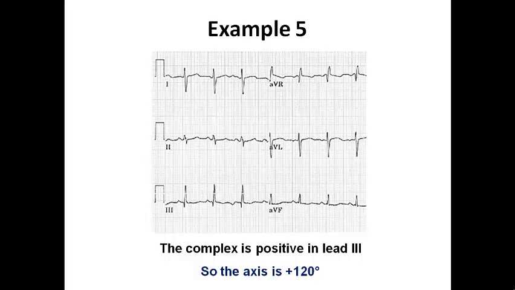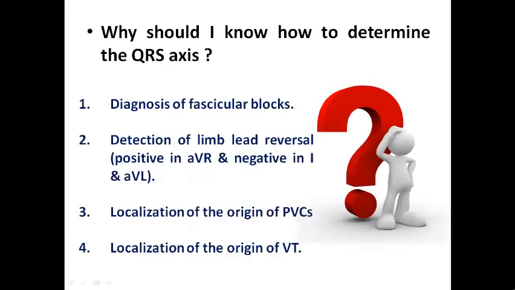So in this ECG, I applied the quadrant method. It gave me a value of right axis deviation because the complex was positive in lead 3, lead 2 and AVF, and it was negative in lead 1. And if we apply the equiphasic method, it would give you an axis of 120 degrees.